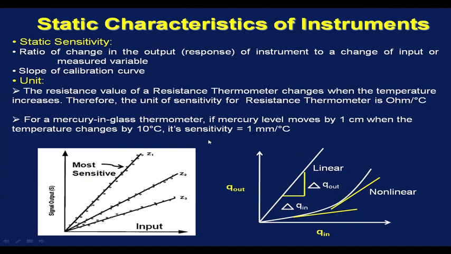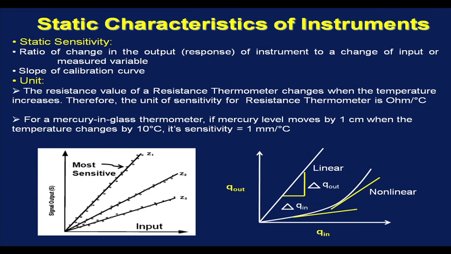So, what should be the unit of static sensitivity? It is defined as delta output by delta input. So, its unit will also be unit of output by unit of input. Let us say the resistance of a resistance thermometer changes when the temperature increases.